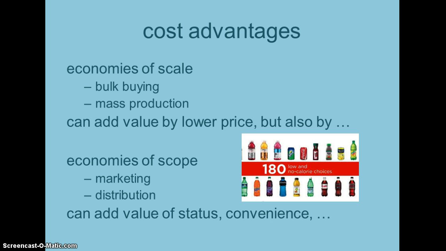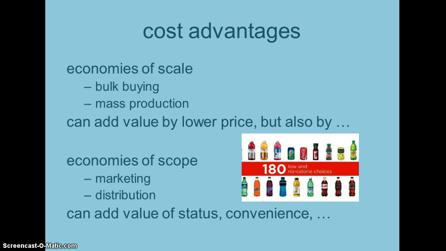Bulk buying often leads to lower prices per unit, and that is an example of economy of scale. If you produce a larger number of units, you have a better negotiation position, and you can get lower buying price. So also mass production.